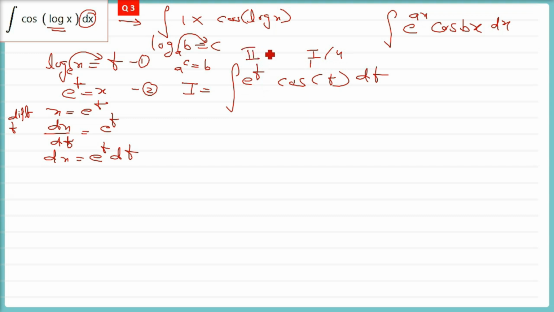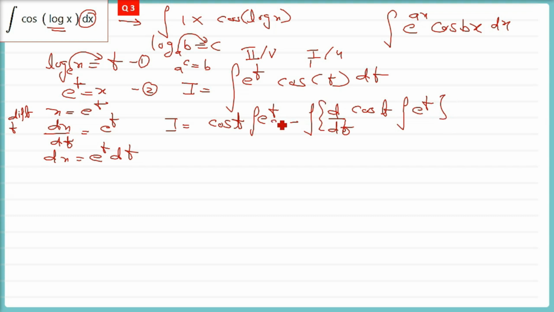So the first function is cos t here, and the second function is e raised t here. We will apply the same result, that is, integration of u into v dx, where u and v are the first function and second function. So I will be equal to cos t times the integration of e raised t, minus the integration of the differentiation of cos t times the integration of e raised t, with dt.